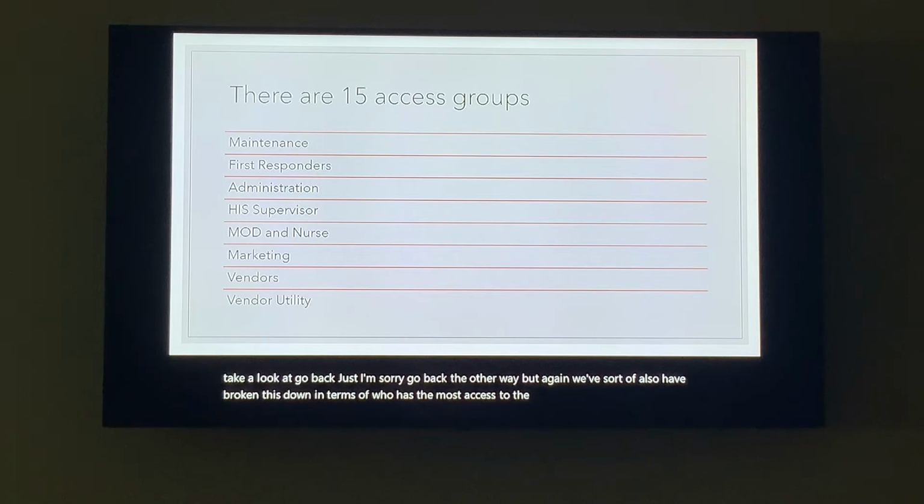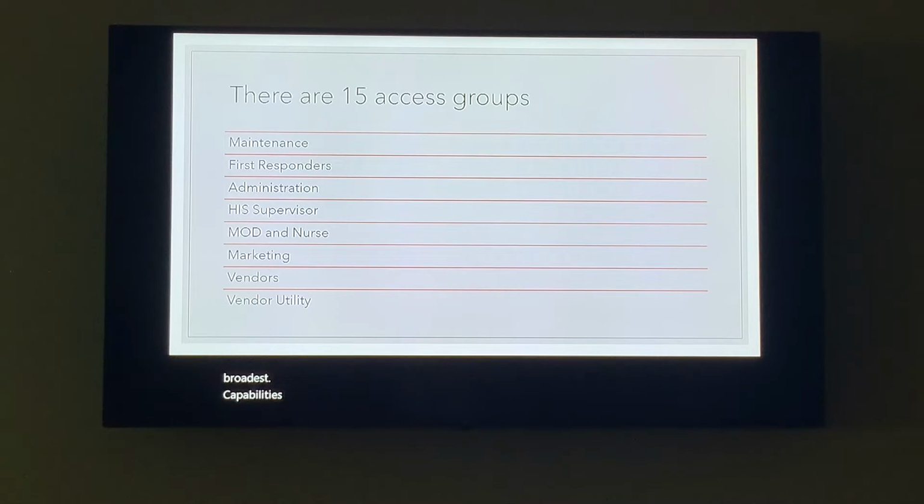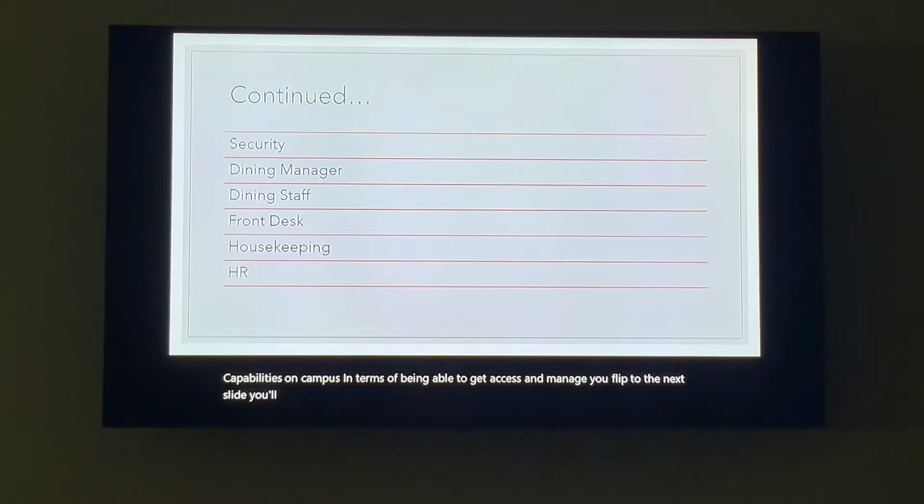And so as you see, it's our first responders, our maintenance team, and administration. They have the broadest capabilities on campus in terms of being able to get access. And then as you flip to the next slide, you'll see that it goes down from there. And that poor HR, she can't go anywhere.